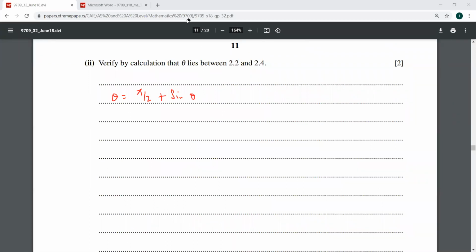For this particular part, when you have to verify, you have your equation with all the terms on one side, and this should be equal to 0. Please remember that. So you need to write it as theta minus pi by 2 minus sine theta equal to 0, and you will name it as f of theta maybe.